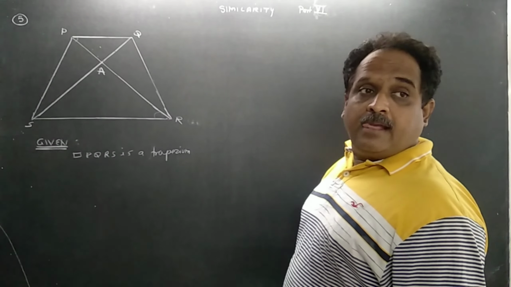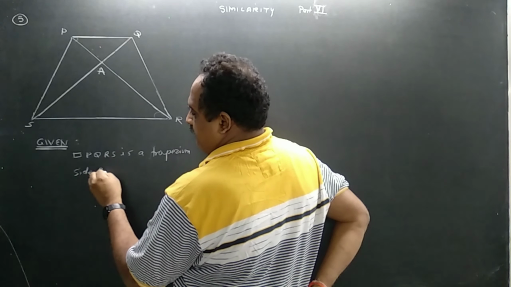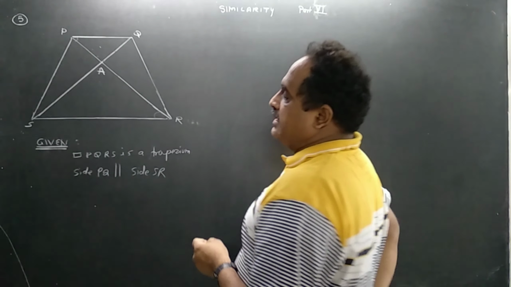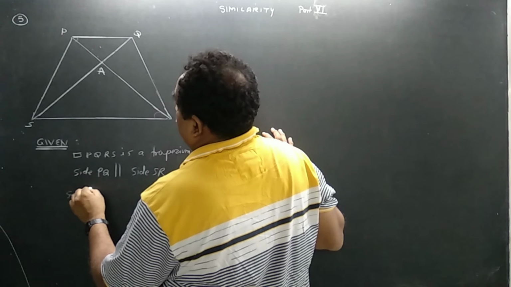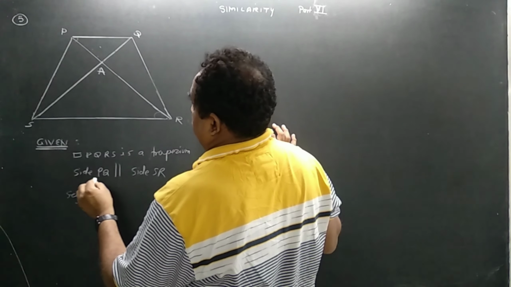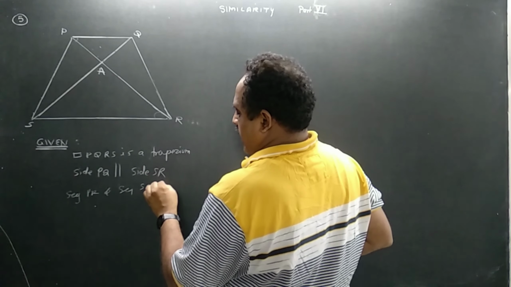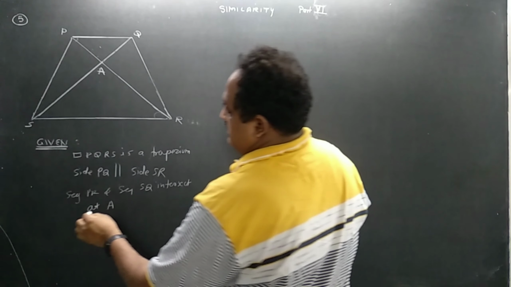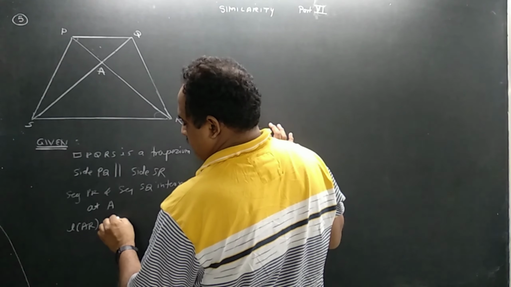Okay. Side PQ is parallel to side SR. Segment PR and segment SQ intersect at A. Length AR is how much? 5 AP.